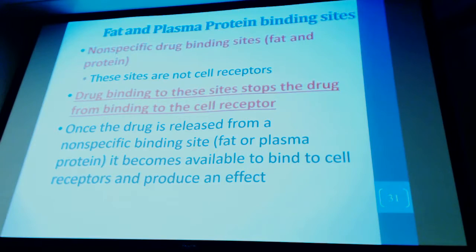And it goes straight to the receptor? If we give it IV, because it's already in the bloodstream, it's gonna go right to the site of action. See, when it's hooked to fat or protein, even though the protein is in the bloodstream, it still is this magnet.